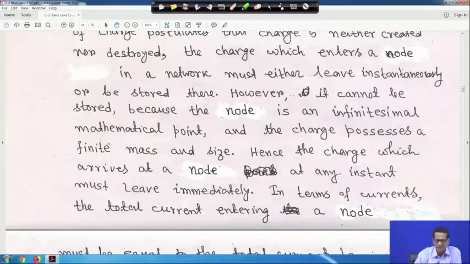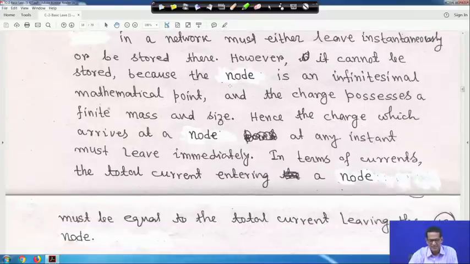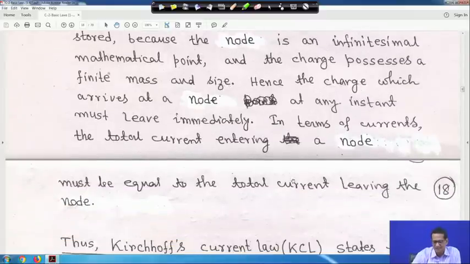Hence the charge which arrives at a node at any instant must leave immediately, because the node is a mathematical point, an infinitesimally small point. In terms of currents, the total current entering a node must be equal to the total current leaving the node. So Kirchhoff's first law comes from the conservation of charge.